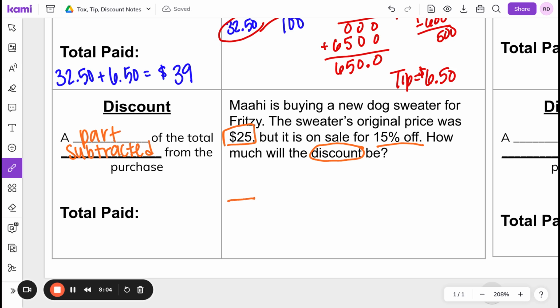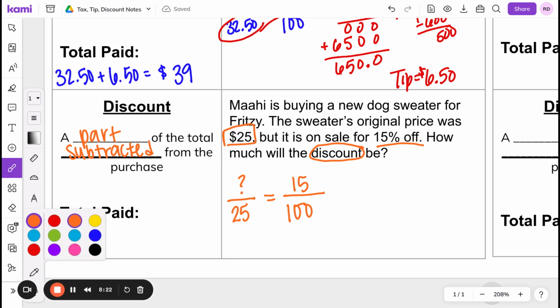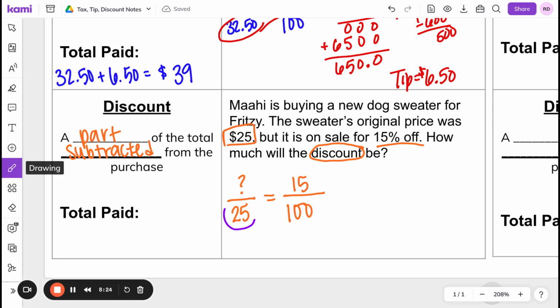So same thing, we're going to set up our percent proportion. We always have the number 100. The percent goes over the 100. We're trying to find the part she is saving. So that means the 25 has to be the denominator. And we're trying to find the part. So from here, same steps. We're going to cross multiply.